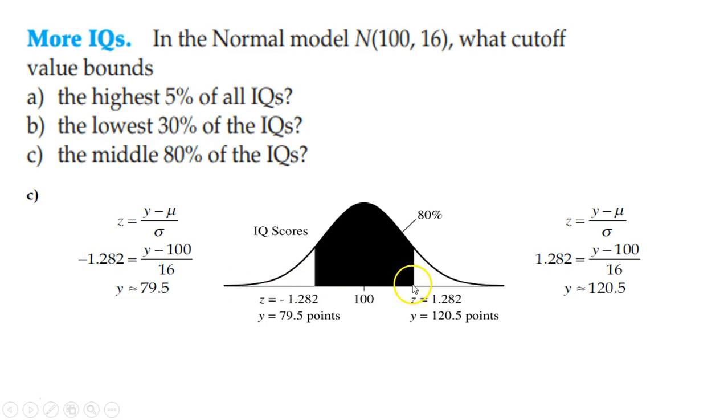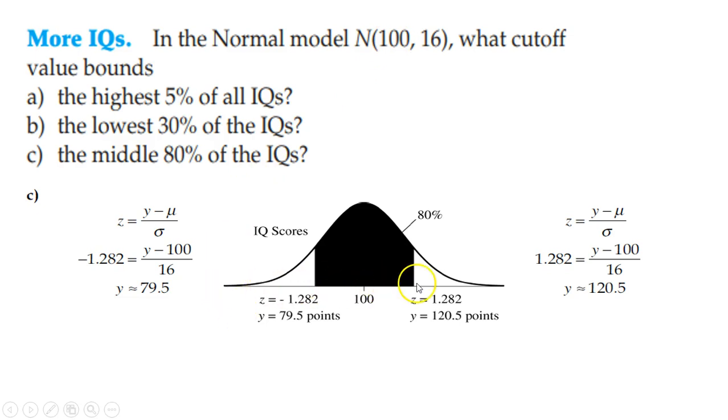And if I wanted this one, knowing that that's 90, I would do second vars, find inverse norm 0.9, comma, and then I'd want 100, comma 16. And that is 120.5. And that would get me to those right away. Or I could do inverse norm 0.1, comma 0, comma 1 to make it in standard normal form.